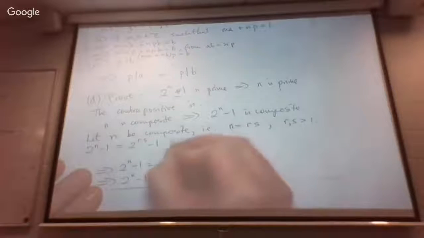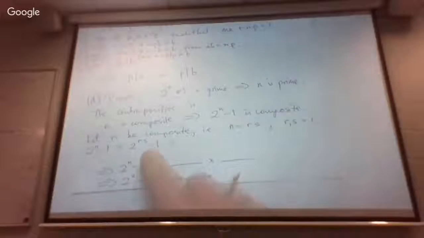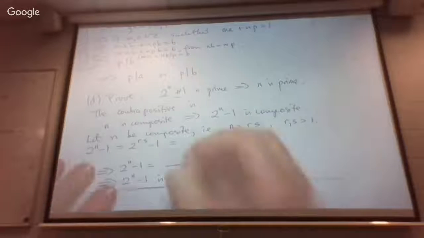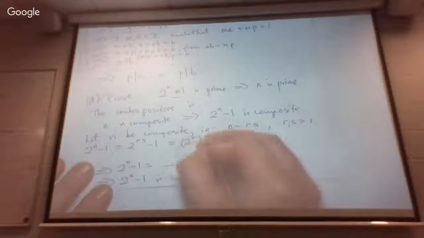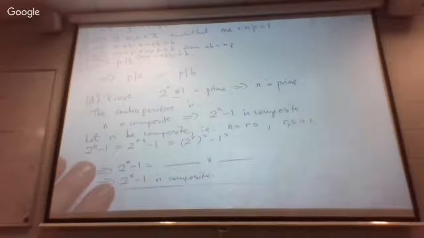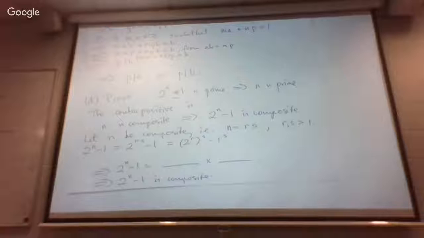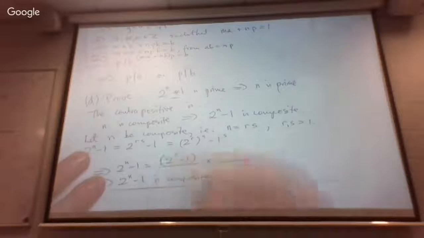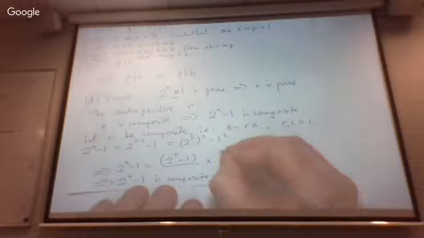Well, 2 to the n minus 1 is equal to 2 to the rs minus 1. But then this can be seen as a difference of s powers. So this is (2 to the r) to the s minus 1 to the s. And a difference of powers like that always has the plain difference as a factor. So 2 to the r minus 1 will be a factor of that.